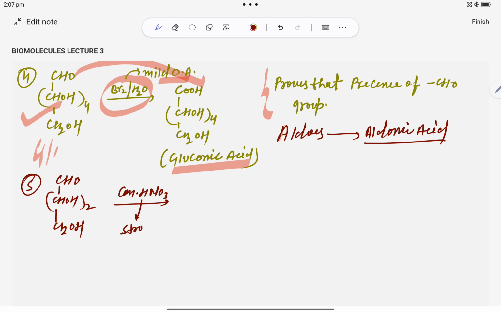A strong oxidizing agent. So it oxidizes from top to bottom, both top and bottom ends, giving COOH, CHOH four times and COOH, glucaric acid.